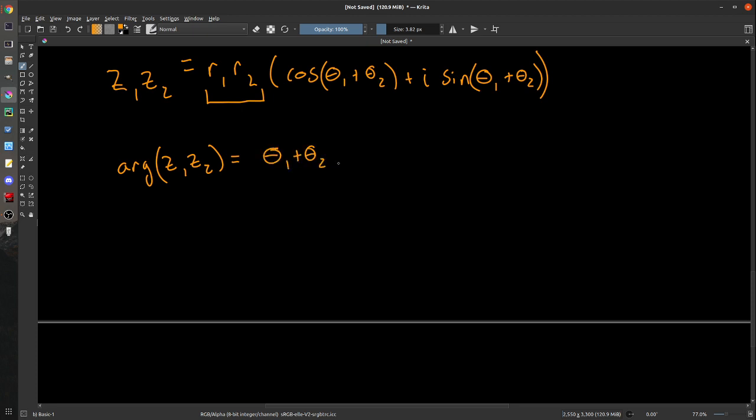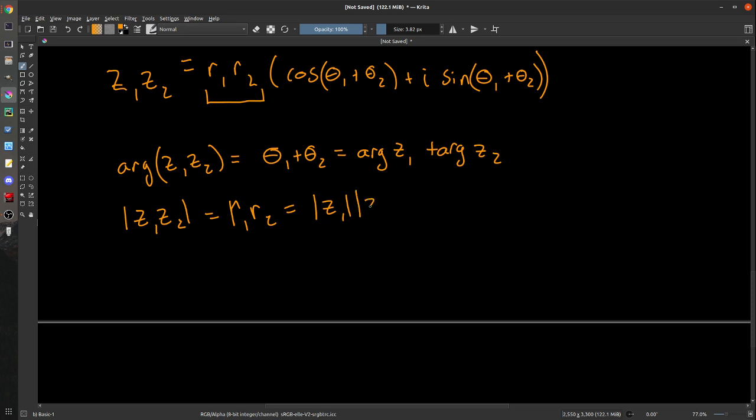But that's equal to arg Z1 plus arg Z2. And what is the modulus of Z1 Z2? It's the product of the moduli, r1 r2, which is just modulus Z1 times modulus Z2. So you're just multiplying their lengths and then adding their angles.